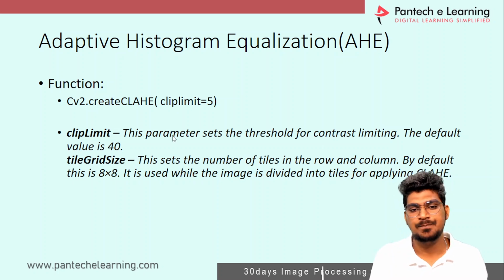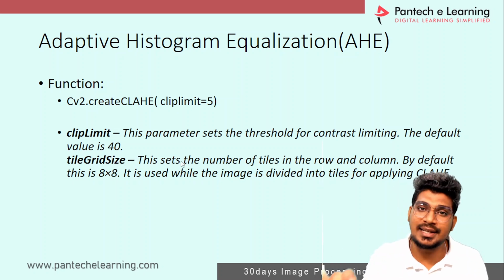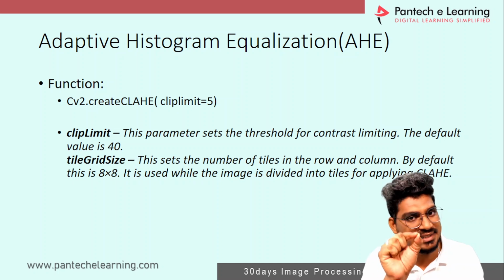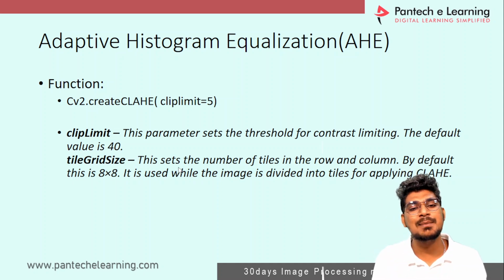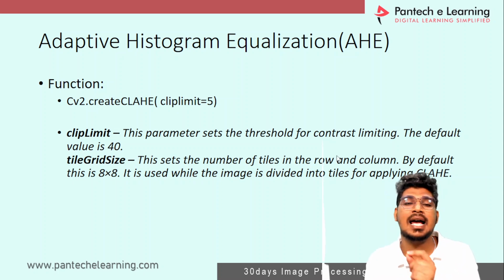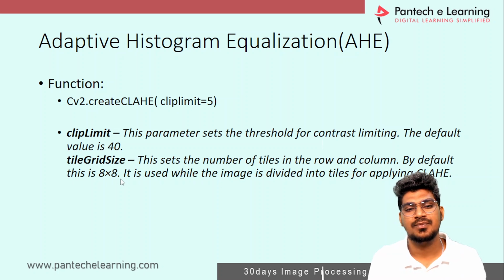And one more thing, the tileGridSize. It helps to increase contrast on these small images, the tiles. This sets the number of tiles in rows and columns. By default this is 8 by 8.